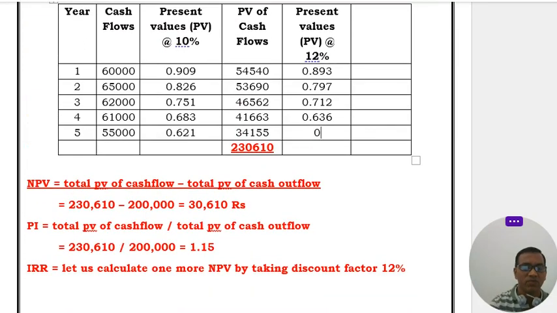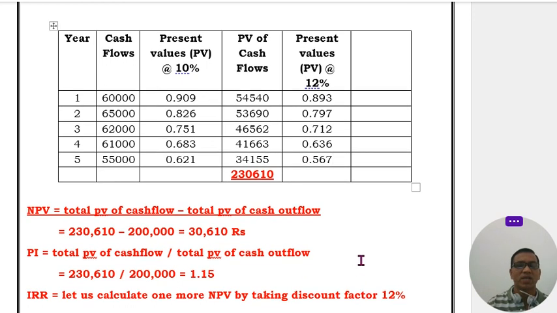So I am trying to calculate one more NPV at another rate of return, another discount factor, which is more than 10%. More than 10% means I am trying 12%.